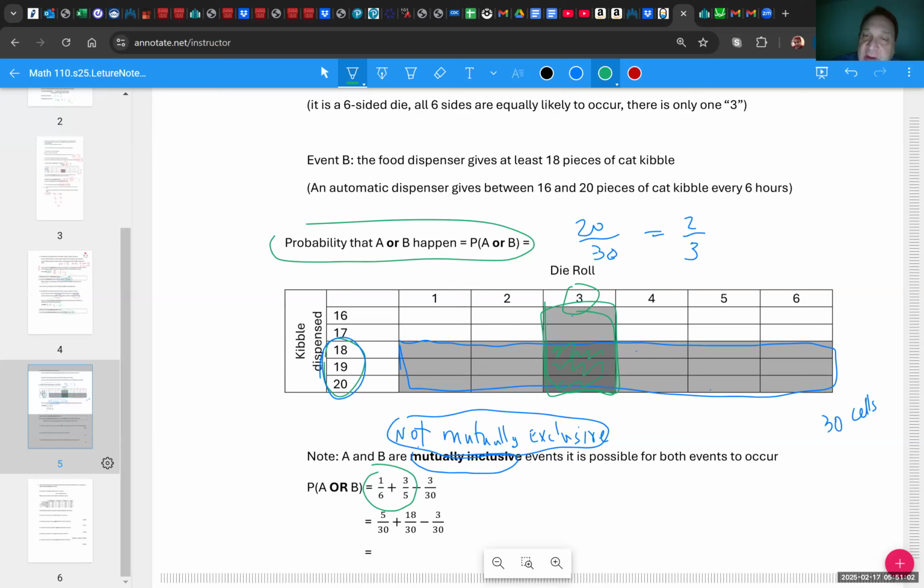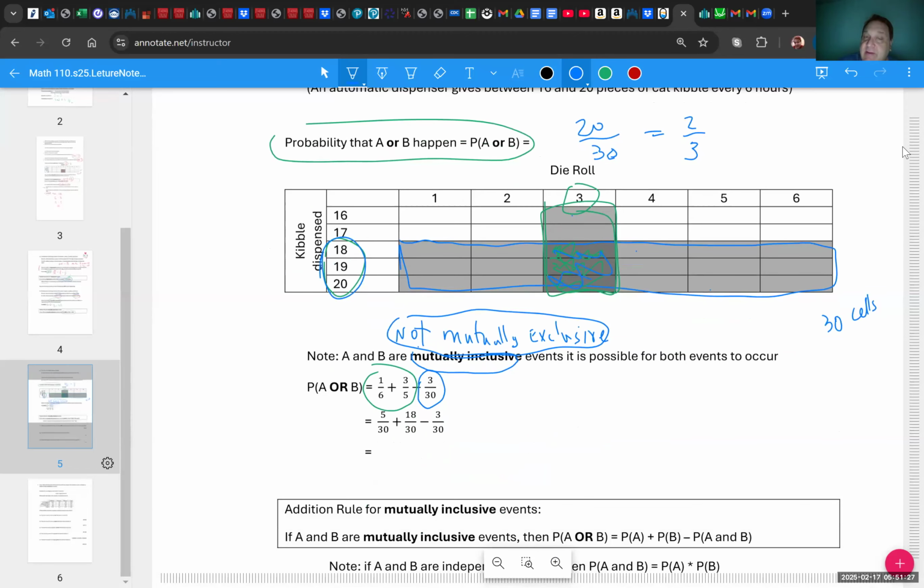I can count this interior stuff right here, but it's both a 3 and an 18, 19, 20. So if I'm just adding them together, I double count these 3 squares. So I have to subtract off those 3 squares, the 3 out of 30, in order to correctly count the number of events that match A or B happening.